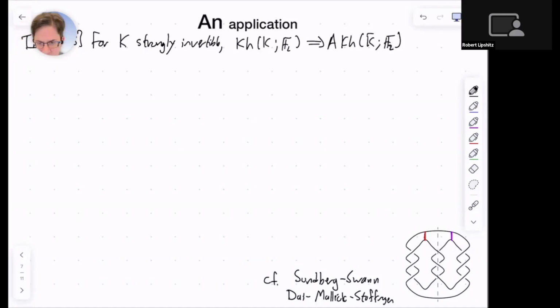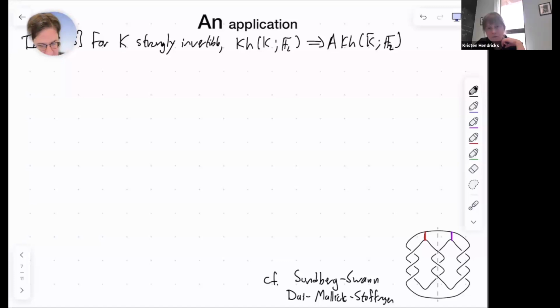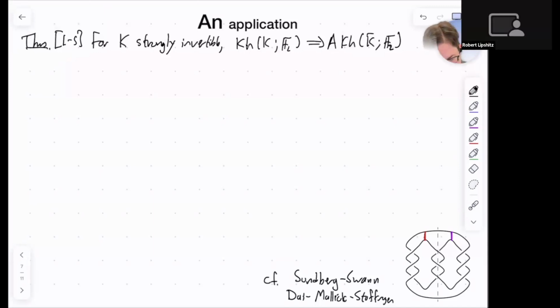There are lots of things I'm happy to explain more at the end, like what is this AKH? But it's just some variant of Khovanov homology. To use this, I need a little bit more than what I've told you. And I've suppressed this Laurent series here. I'll start doing that more systematically.